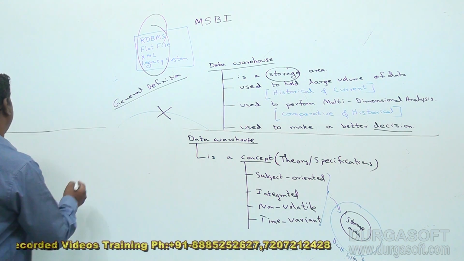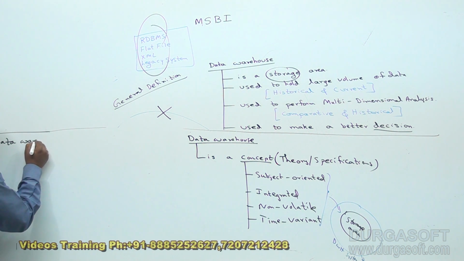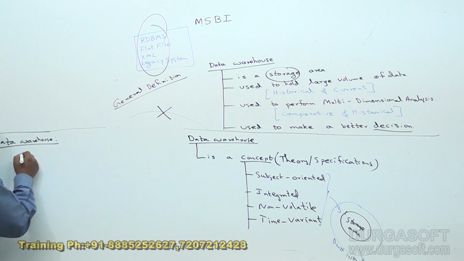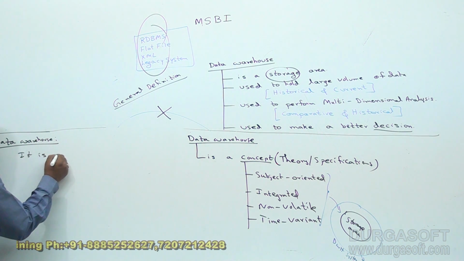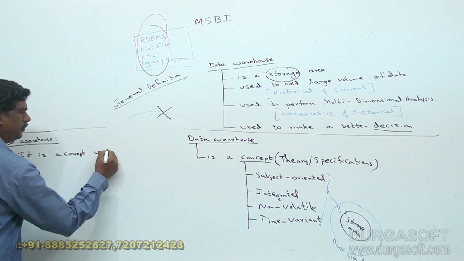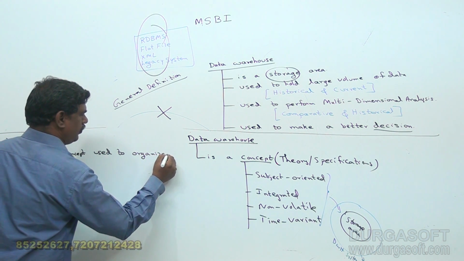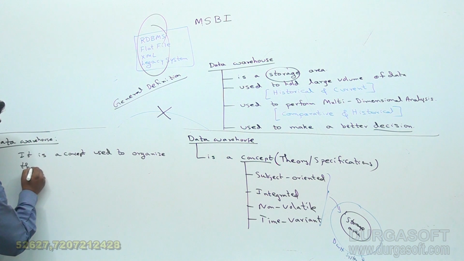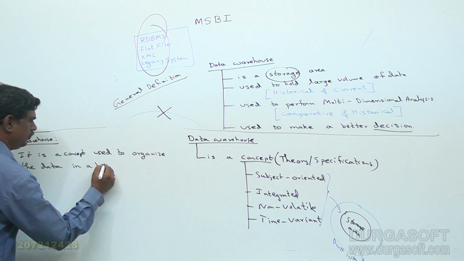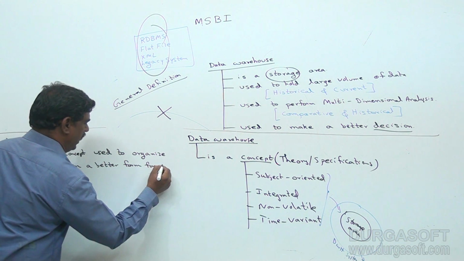So what is a data warehouse? The technical definition of a data warehouse, we'll say like this: it is a concept used to organize the data in a better form for faster accessibility.